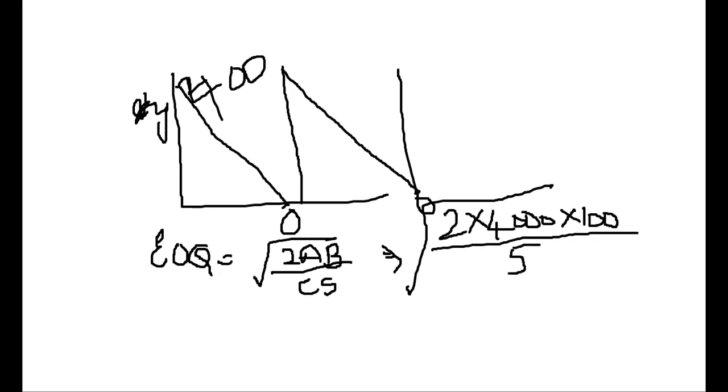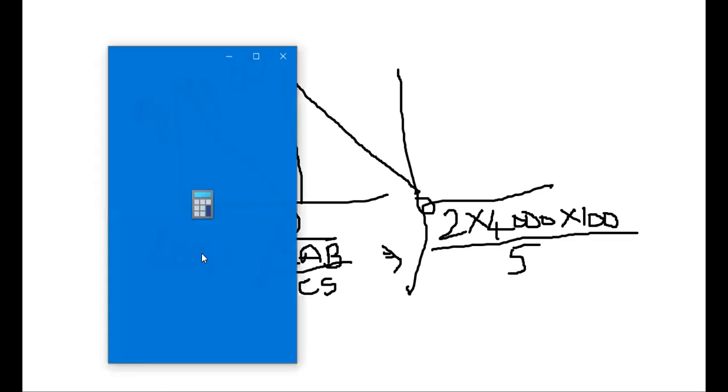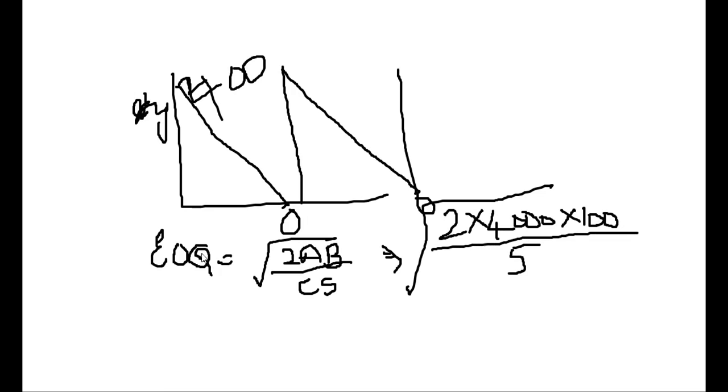I'll use my calculator here. See, 2 into 4,000 is 8,000, into 100 is equal to how much? 8 lakhs you are getting. 8 lakhs divided by 5, I did. So it is how much now? 1,60,000.